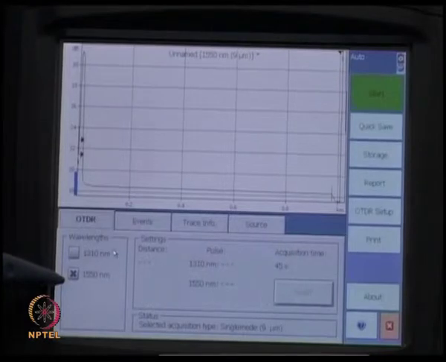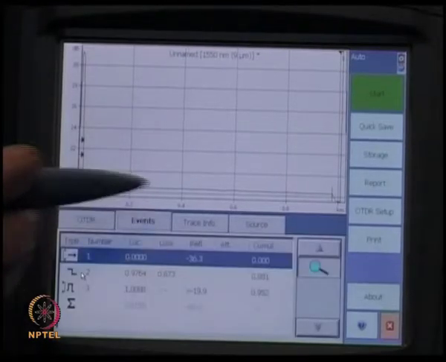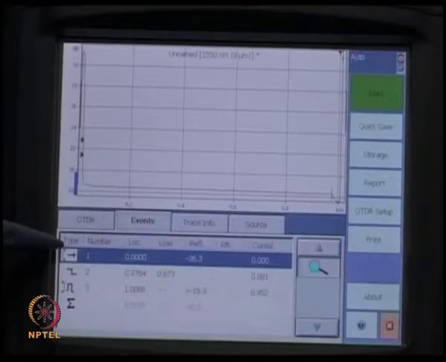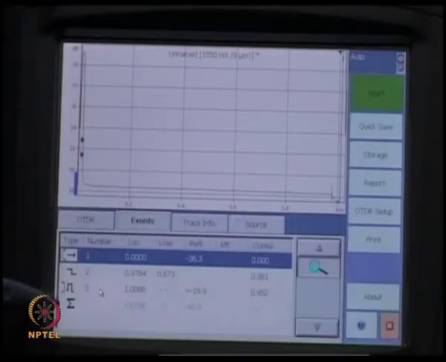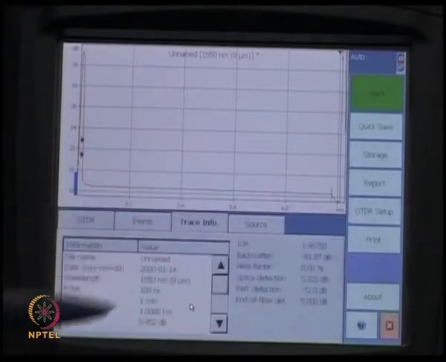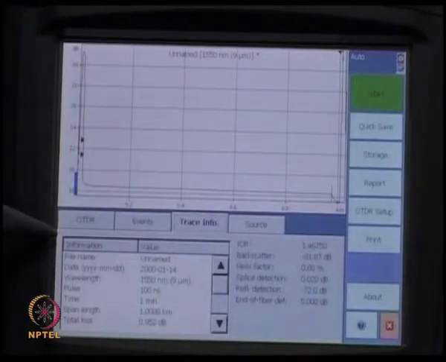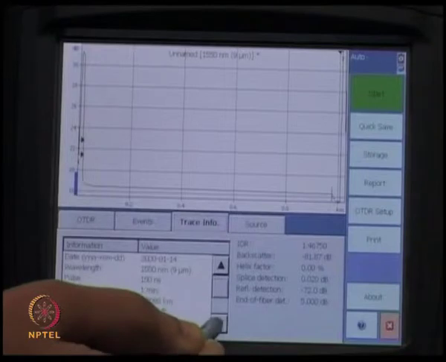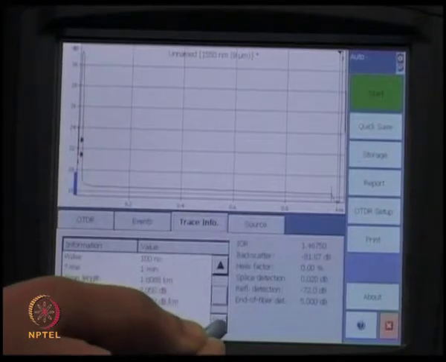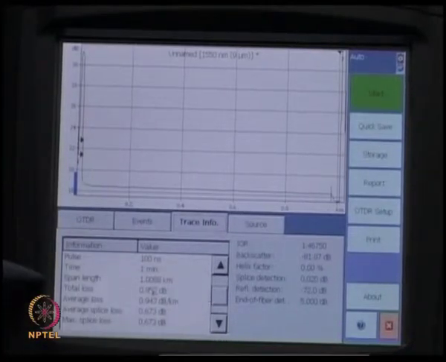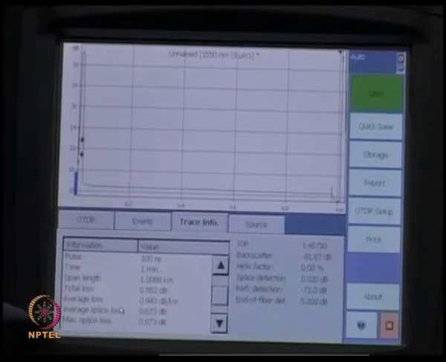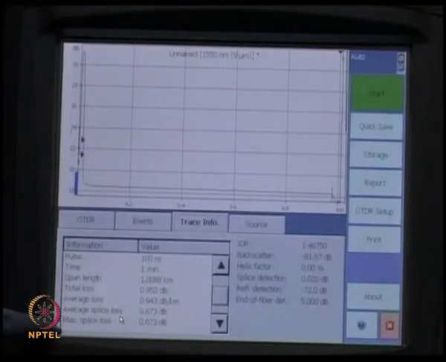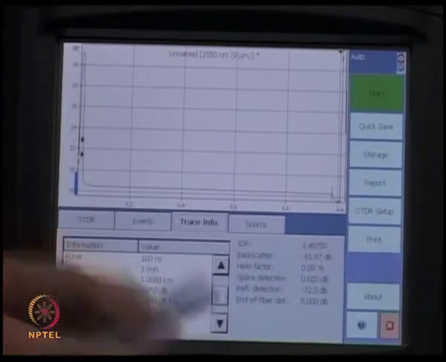So, it is 1310 nanometer or 1550 nanometers. These are various parameters which the OTDR uses for estimating the condition of the optical fiber.